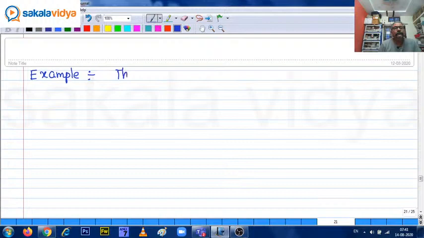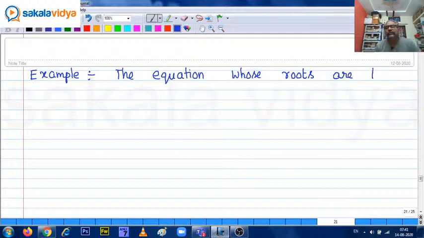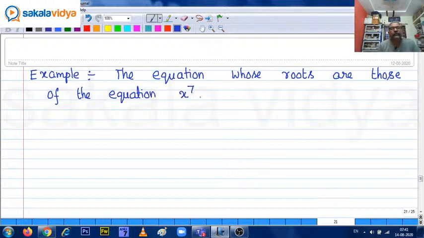The equation whose roots are those of the equation x to the power of 7 plus 3x to the power of 5 plus x cube minus x square plus 7x plus 2 is equal to 0, with contrary signs.